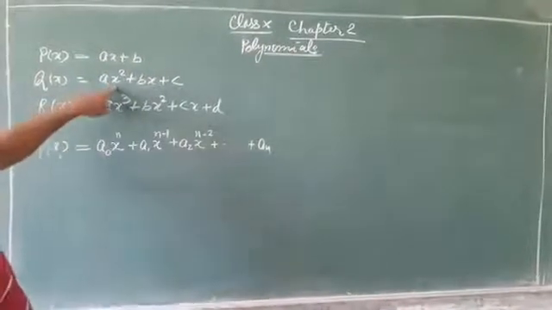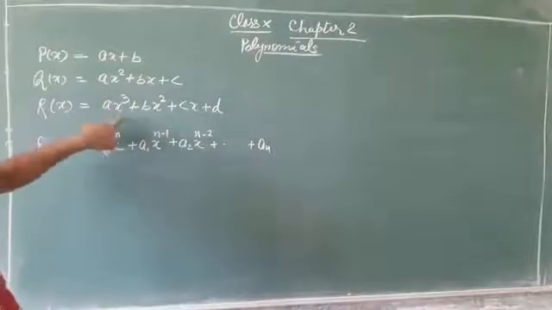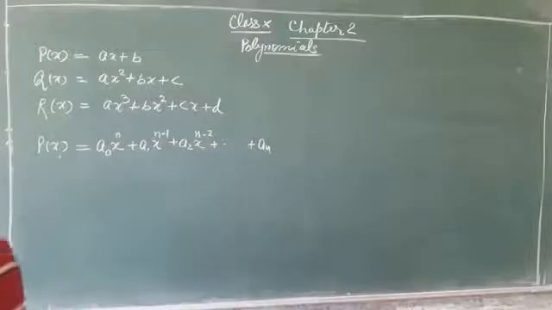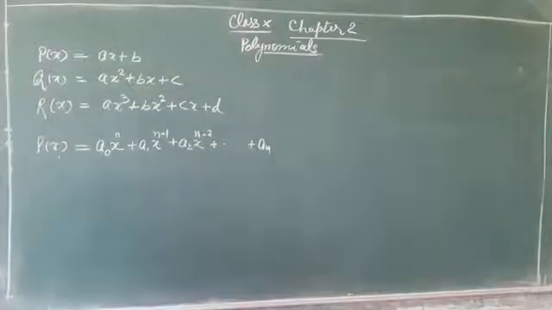So here x square, x cube, and so on, this systematic arrangement of variables with constants written with algebraic operations is called a polynomial.